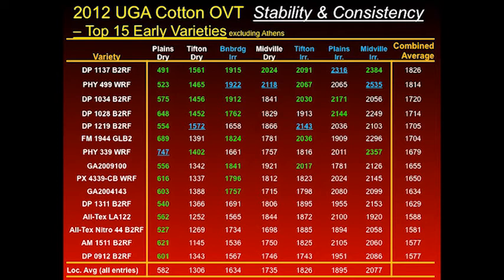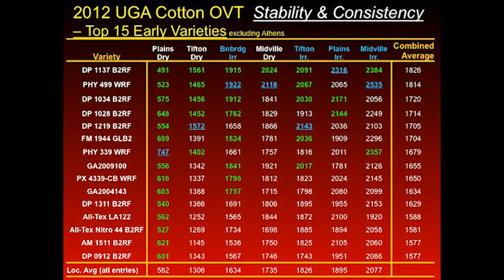But Delta Pine 1137, and look for, as I go down the list, the consistency and how frequently it's either the number one variety or no different than that number one variety. Phytogen 499, two from Delta Pine, 1034 and 1028, a new one from Delta Pine, 1219, there's that FiberMax 1944 Glytol LibertyLink variety, and another new one from Phytogen, 339.